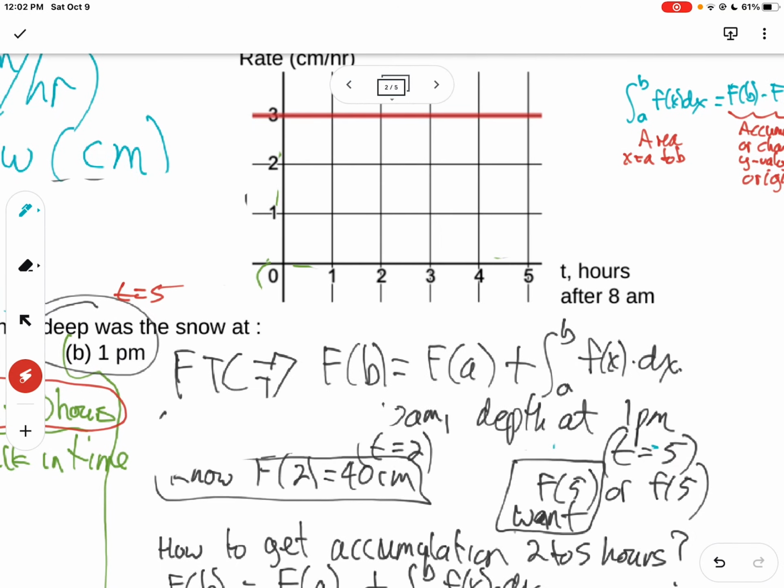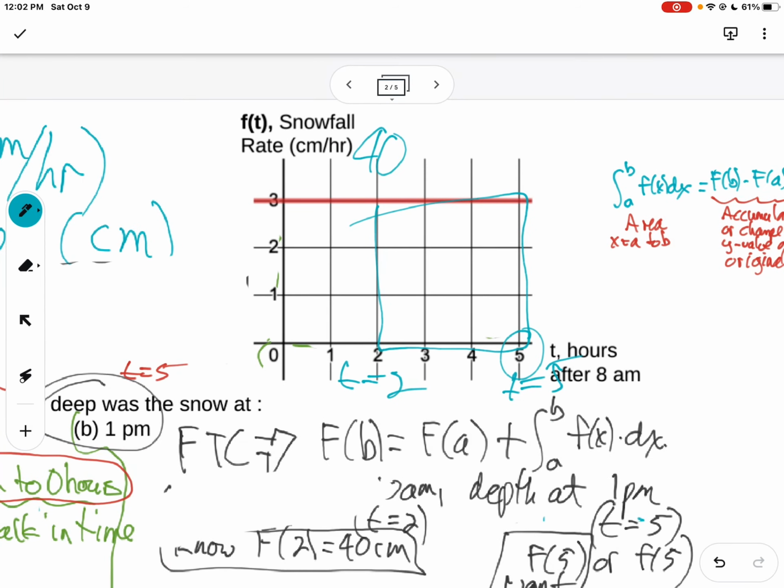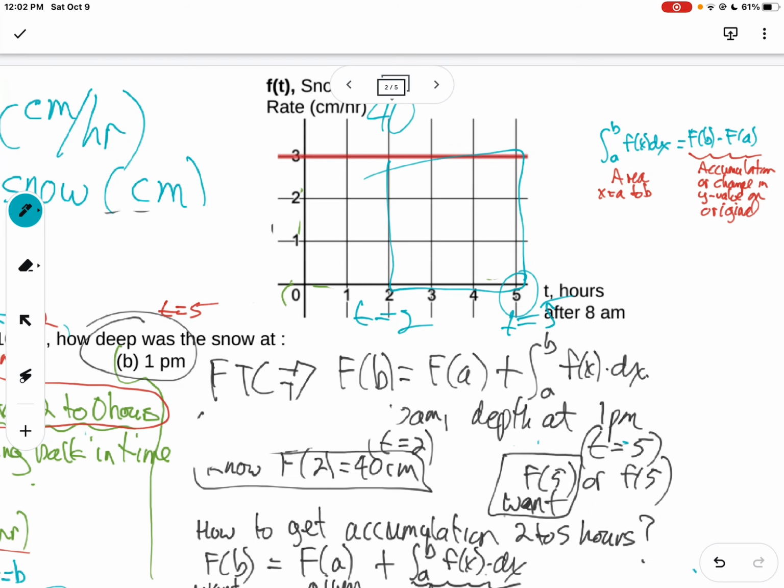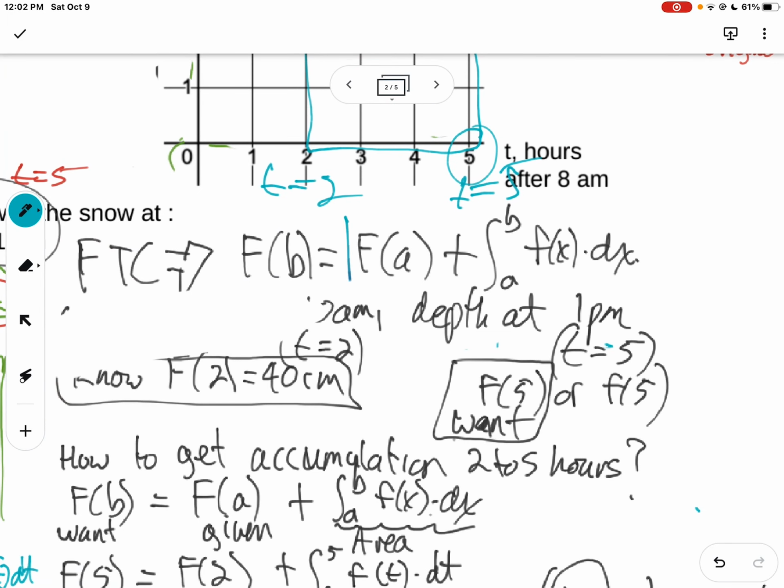Okay, so this is the case where we wanted to get what was the depth of snow at t equals 5, knowing at t equals 2, the depth was 40. The thing that we know, we call big F at a.